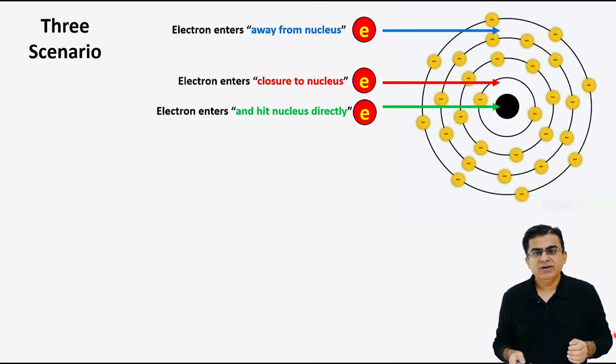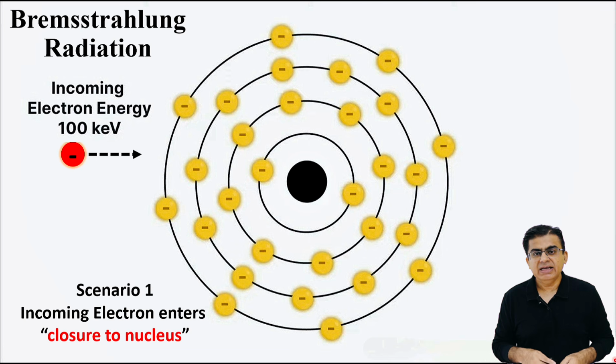Let us look at the first specific scenario of Bremsstrahlung radiation. See exactly what happens when an incoming electron passes very close to the nucleus, but not directly hitting it. Please direct your attention to the path of the incoming electron.